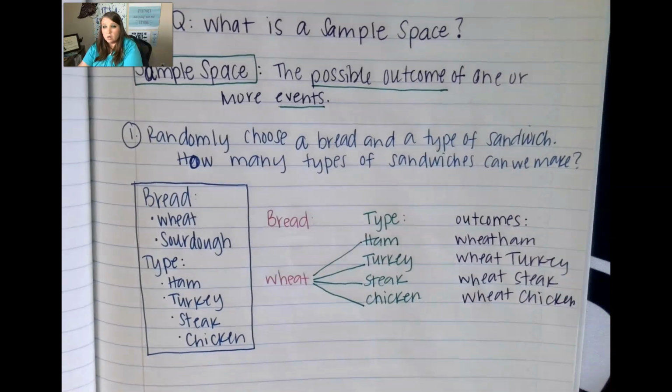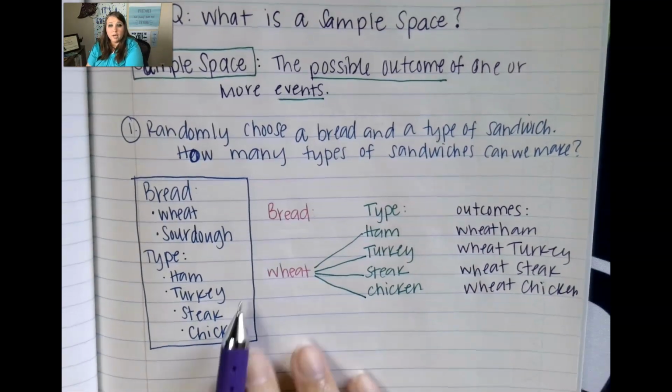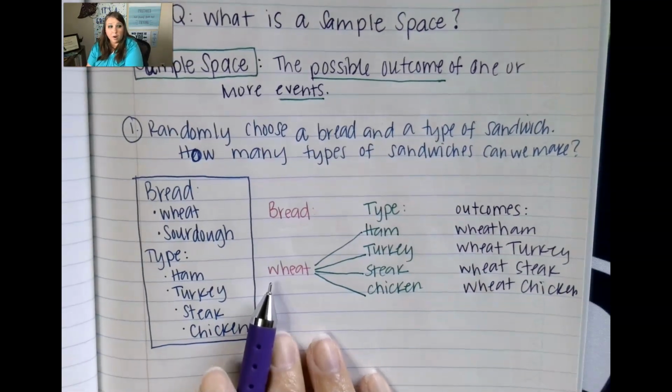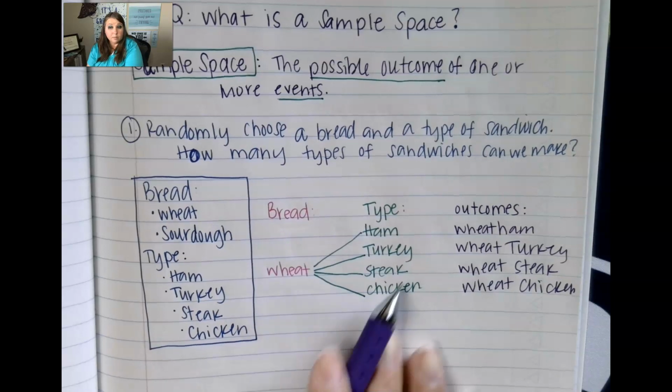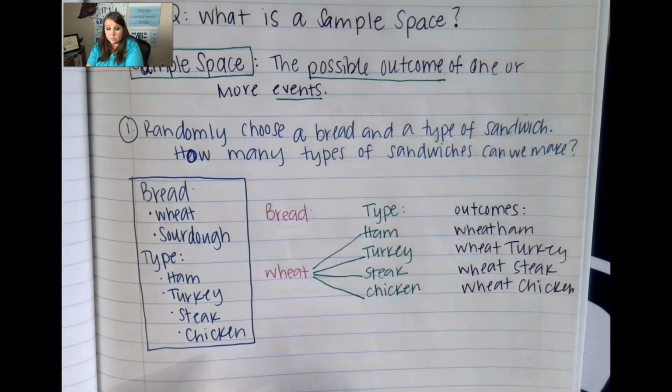So there are 4 possible outcomes just by using wheat bread. So far there are 4 in this sample space.